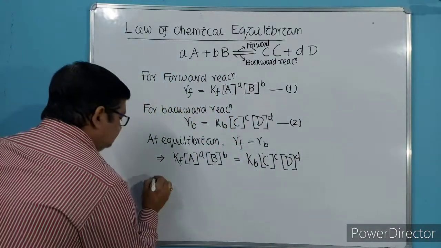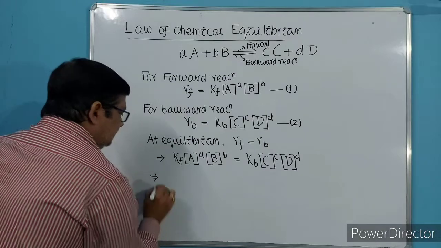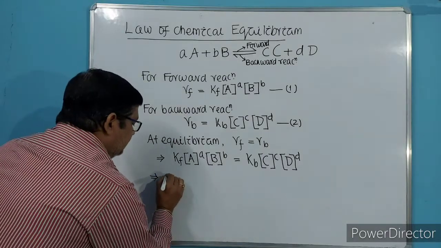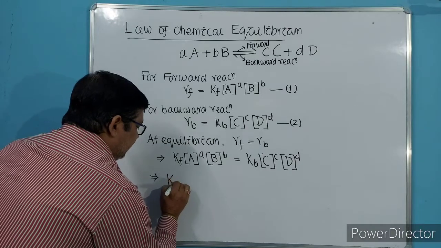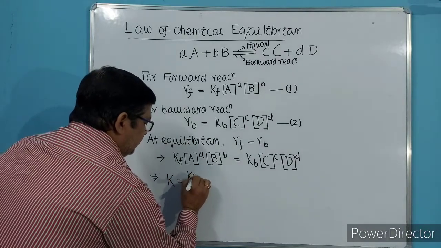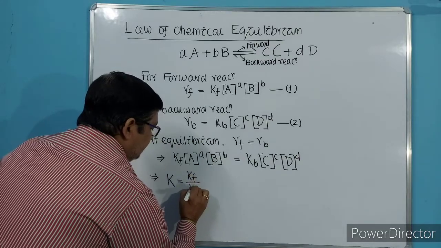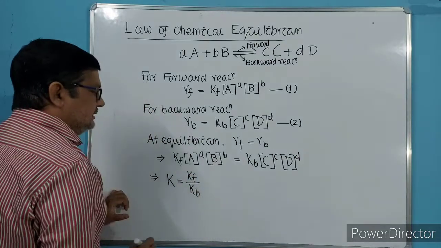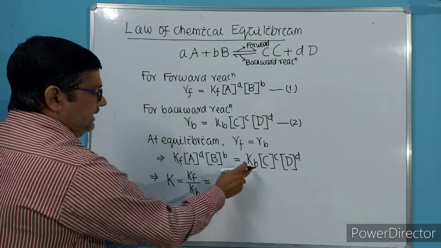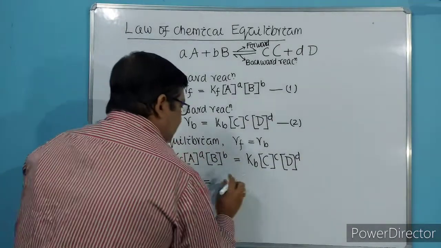Okay. Then kf by kb will make a new constant, capital K. K will be equal to kf, the rate constant for the forward direction, divided by kb, the rate constant for the backward direction. Look, kf by kb, so kb will be divided here.